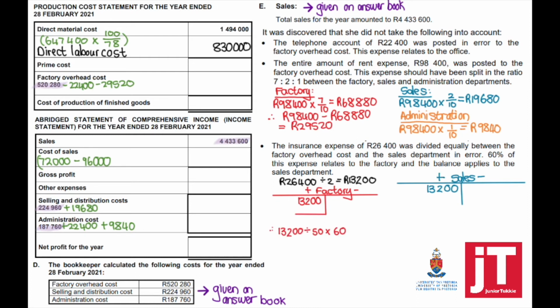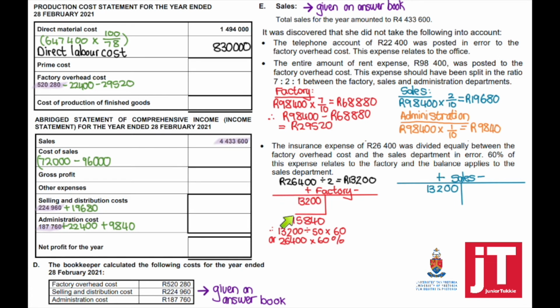13,200. To correct this now, if we're looking at the factory, if we take 13,200 divided by 50 times 60, because it's supposed to be 60%, or we can say 26,400 times 60%, the factory overhead cost is supposed to be 15,840.